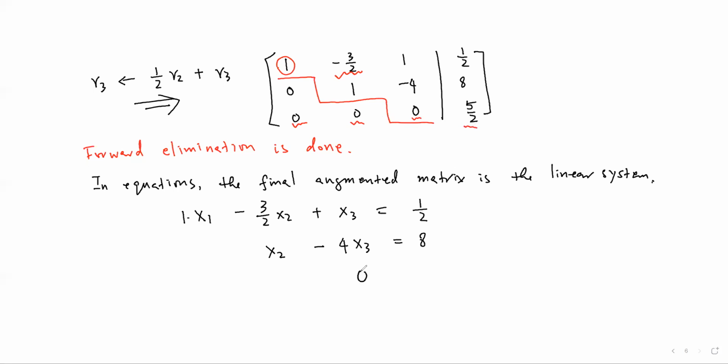So the equation is this. In detail, it is 0 times x1 plus 0 times x2 plus 0 times x3 is equal to 5/2.